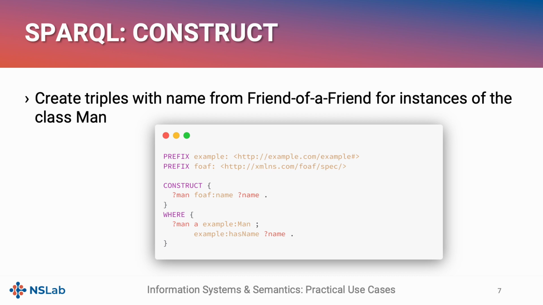Another query form is construct, and in this example we are taking a look at a man in our data set that has some name, and we are constructing new triples where we use the FOAF ontology, friend of a friend ontology, and the predicate name from that ontology. So we are actually doing here some translation from our example ontology to FOAF.